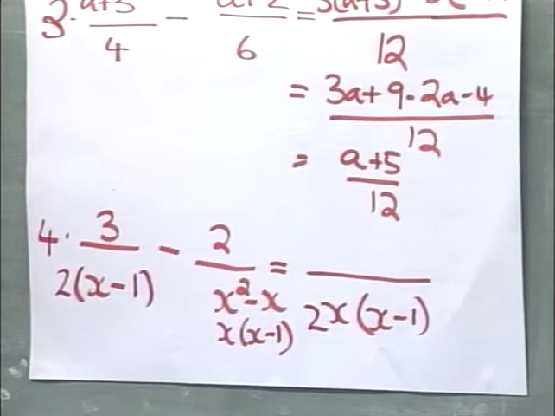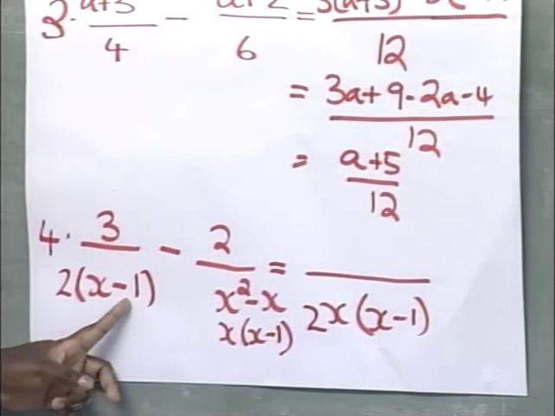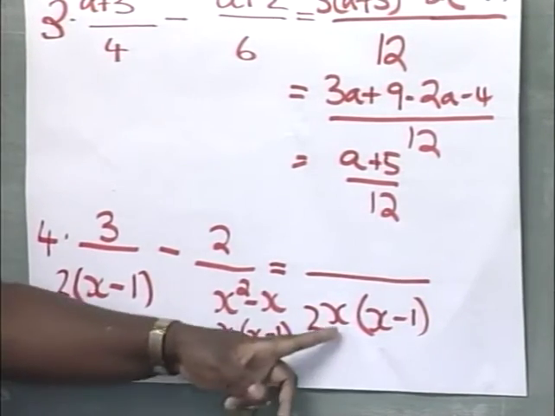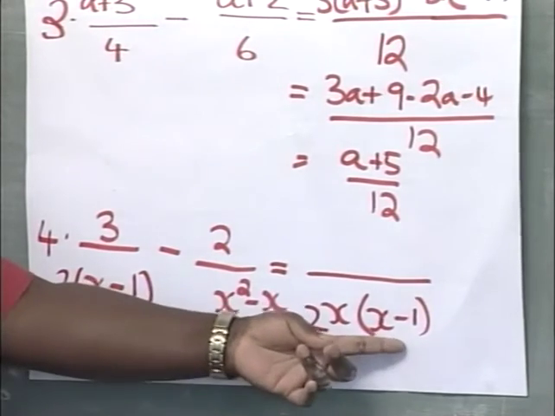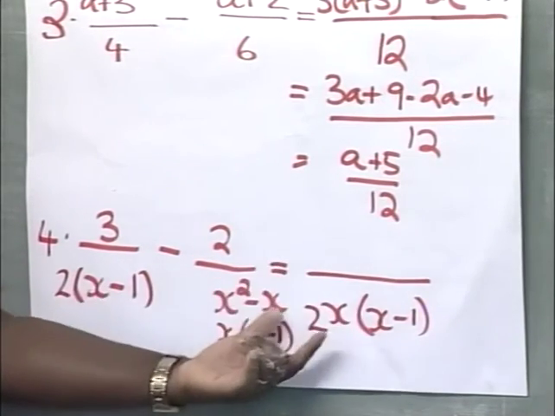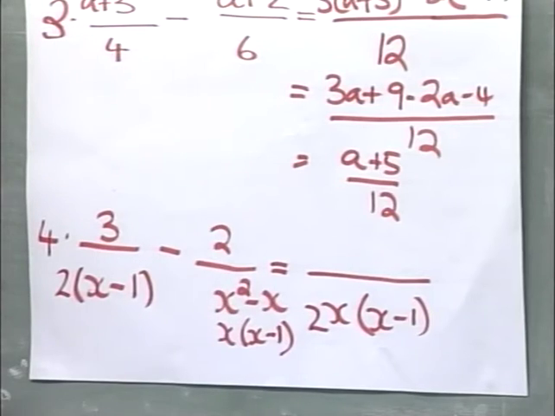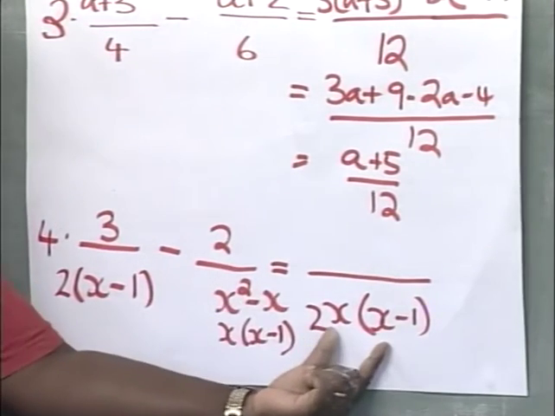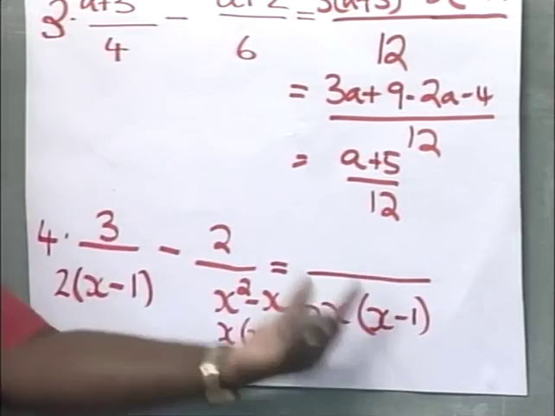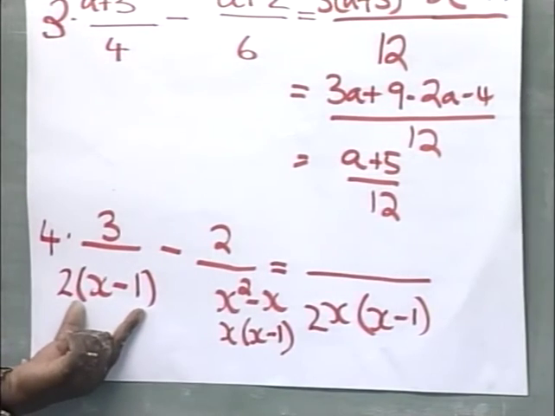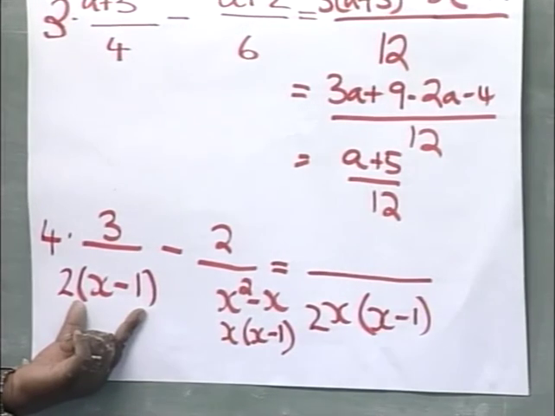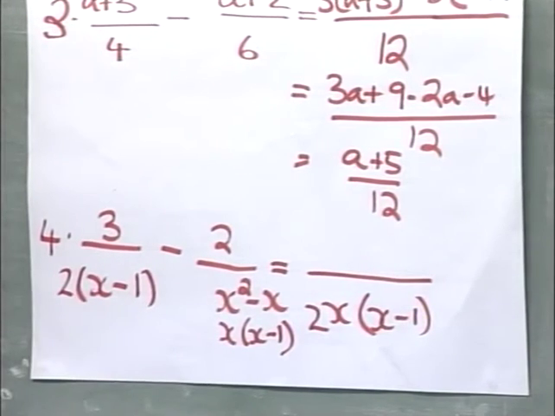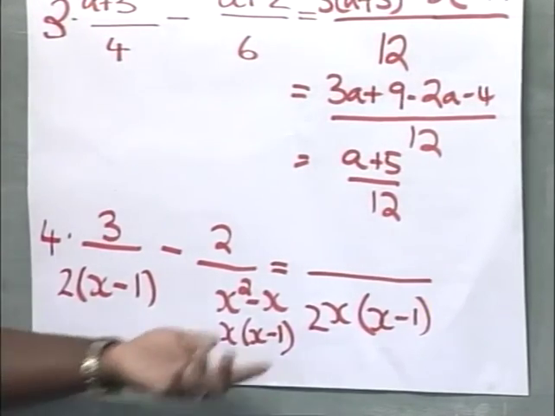So the lowest common multiple of 2 times x minus 1 and x times x minus 1 is 2x times x minus 1. So sometimes you have to factorize the denominators first. Then I divide 2x times x minus 1 by 2 times x minus 1. What am I left with? X. Remember, 2 times x minus 1 will cancel out.